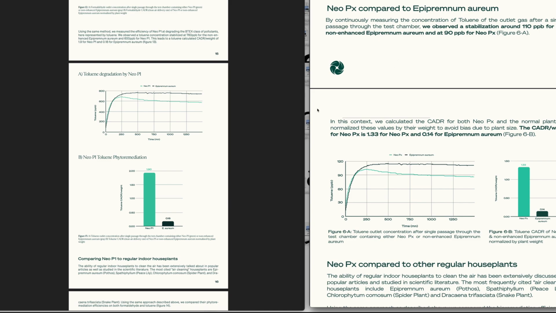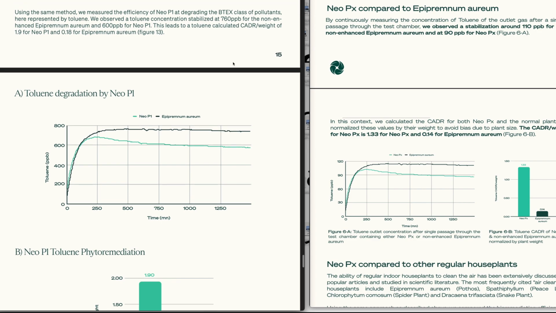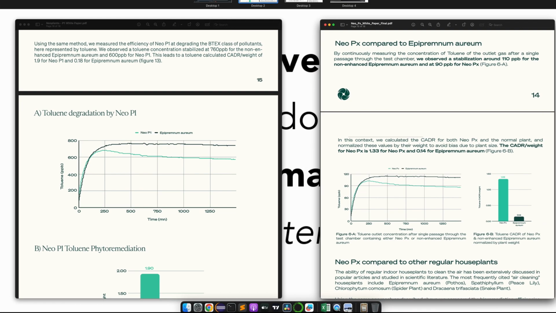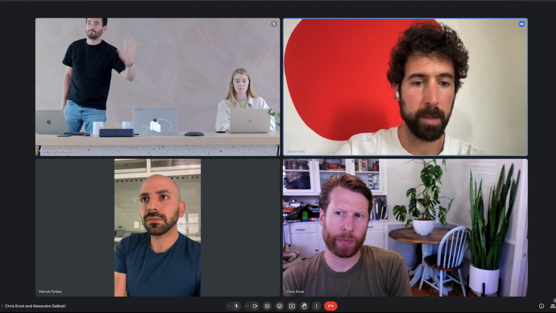Okay, yeah. It doesn't specify. It's all Epipremnum aureum. Yeah, that's just because it's the same. Yeah, because in the previous tests that we did, and we ran quite a few, what we see is that you can see major differences between species, but it doesn't apply for variety between the same species of plant. Right.